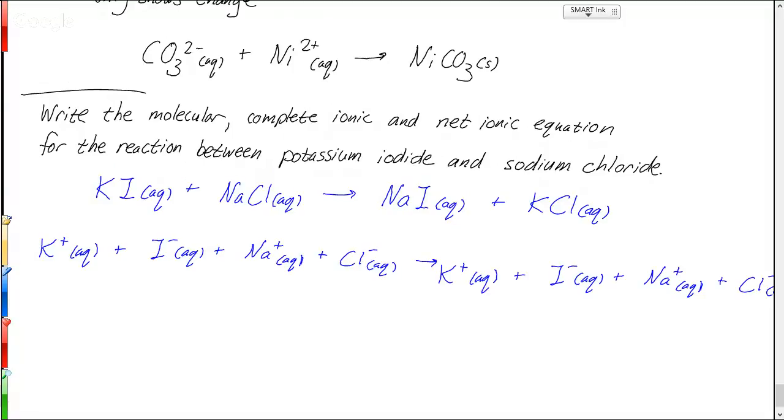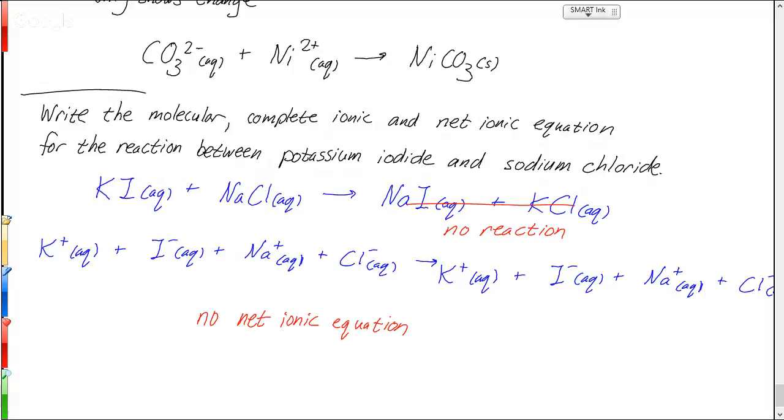So that means that they're all spectator ions. They all cancel. And there's actually no net ionic equation. Since the net ionic equation shows change, if there's no net ionic equation, that means there's no change, which means the appropriate way to write this would be to simply say that this is no reaction.